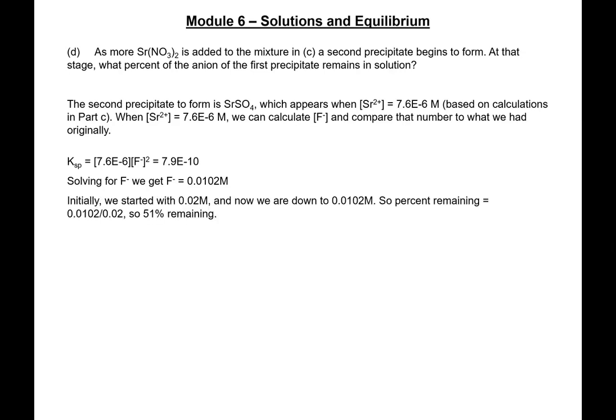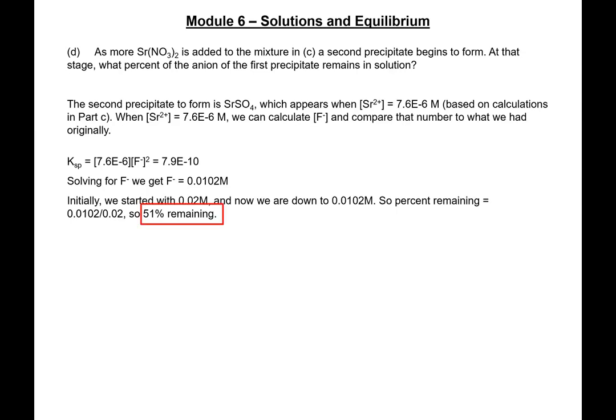Initially we started with 0.02 molar from the beginning of part D. Now we're down to 0.0102 molar. So what's remaining? Well, 0.0102 divided by 0.02. So 51% of the fluoride is what's remaining.